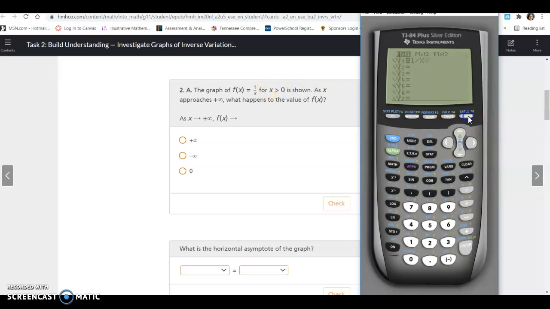So we're only going to look at the right side of the graph, which let's go ahead and make our window back to a 10 by 10. If we do zoom 6, that takes you back to a standard 10 by 10 graph. Okay, so only going to look at this side of the graph right here, all the values that are greater than 0. All right, so it says as x approaches infinity, as x goes to the right, y approaches 0. It approaches the x-axis.